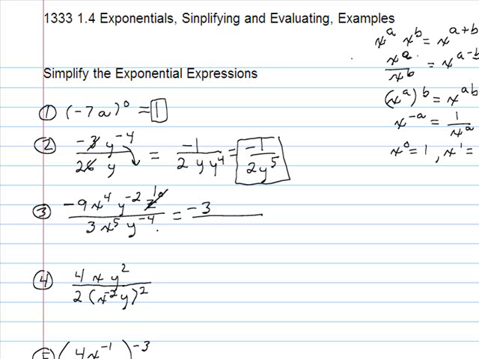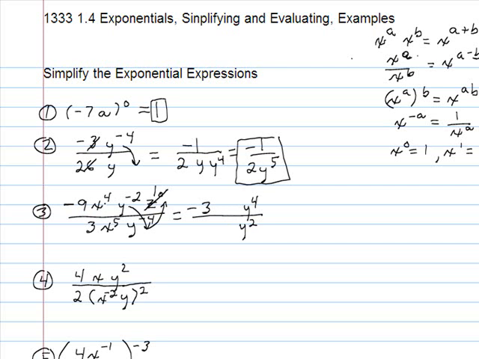Well, does anything move? Yeah, we have 2 negative exponents. The y to the negative 4 will move to the top. On the top, it will become y to the positive 4. The y to the negative 2 will move to the bottom. So on the bottom it will become y to the positive 2. What about the x's?